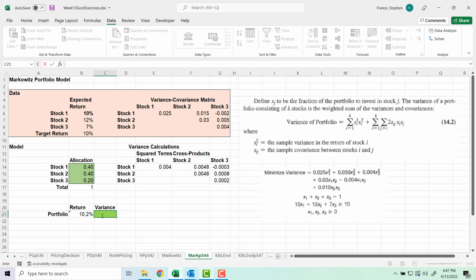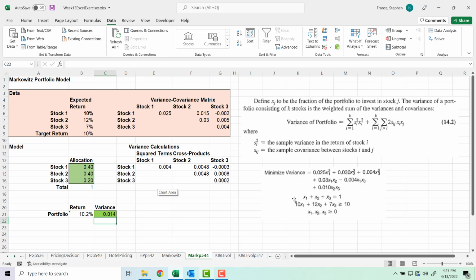And the variance, let's just sum all of these up. It's a little bit wasteful because these cells have nothing in it, but it's easier to do things in this triangle rather than in just a couple of columns like the book, because then you can match the covariance matrix. So we have our model.